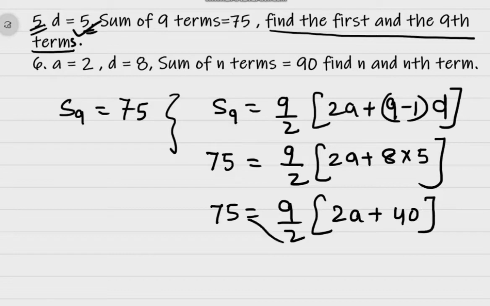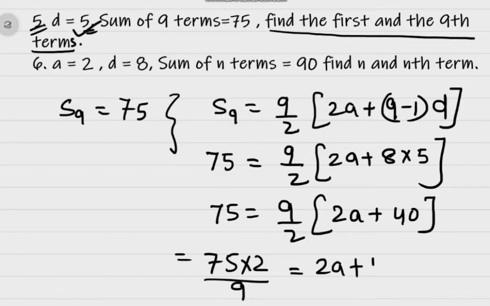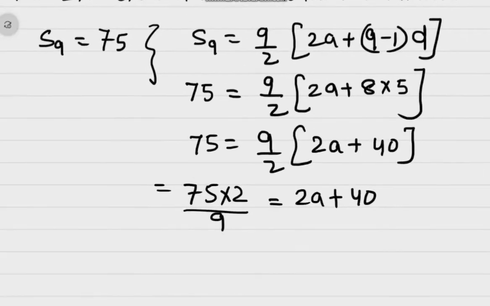Now this 2 will go up and 9 will come down. Okay, so let us do the next step. This will become 75 into 2, 75 into 2 by 9 equal to 2A plus 40. Okay, now let's see what we can do.